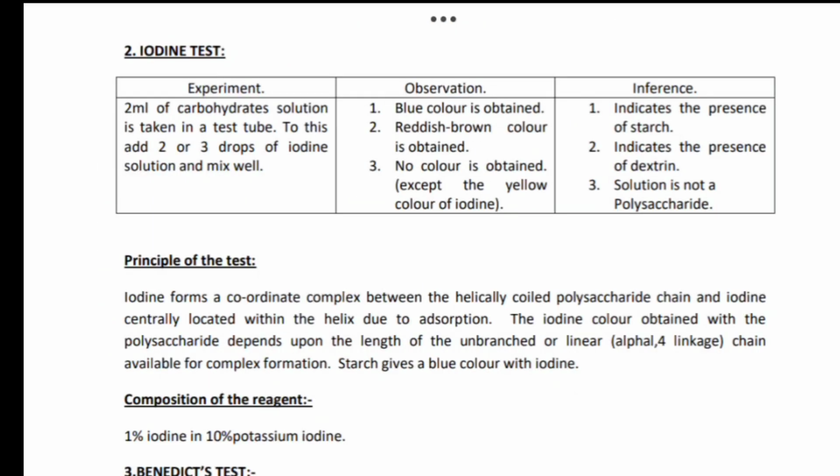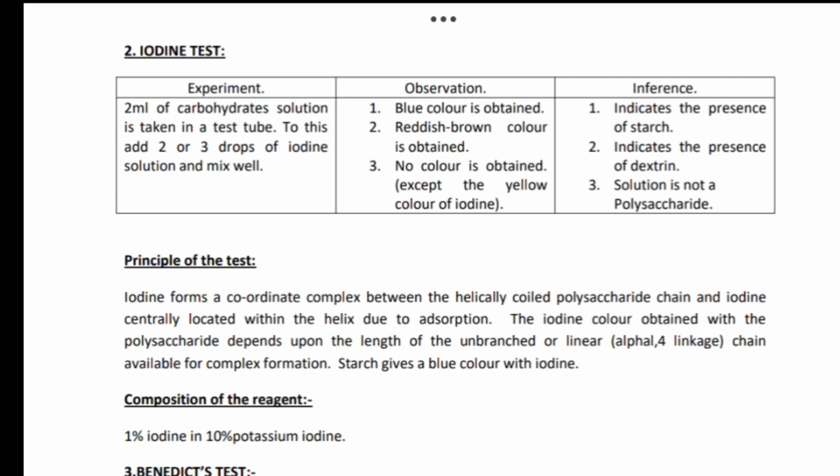Next we come to iodine test. Iodine test is negative for all of the carbohydrates except starch. Only starch will give a positive iodine test. But you will have to do it just for the sake of it for all the carbohydrates. For the iodine test, you take 2 ml of carbohydrate and then add 2 to 3 drops of iodine solution. Don't add much, and mix well.